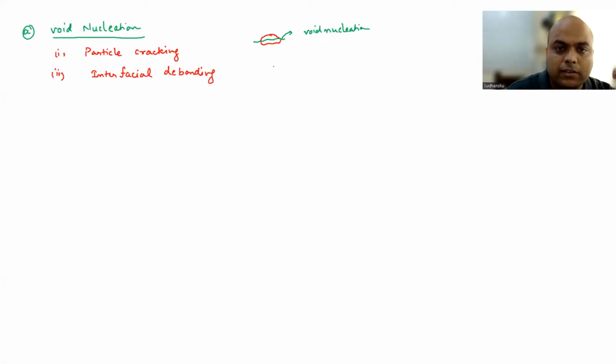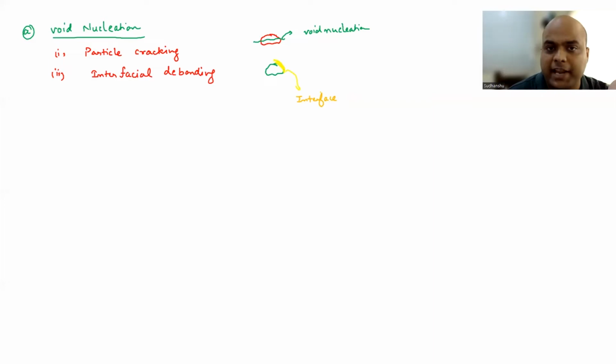Or second, you have a particle and there is an interface between the particle and the matrix. Okay, see the yellow line. So this is your interface. This interface can also break. There might be debonding between the interface of the particle and the matrix, which will lead to crack nucleation or void nucleation.